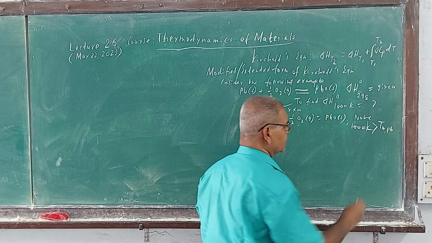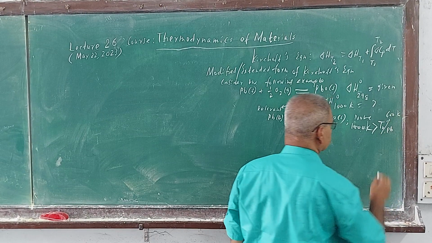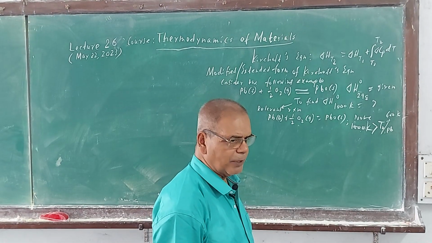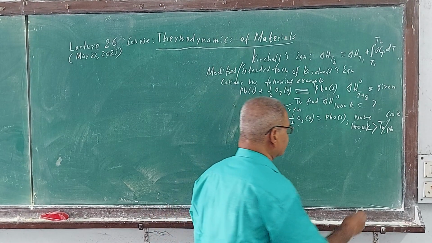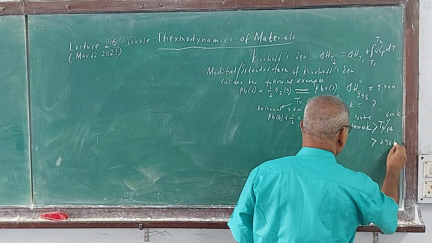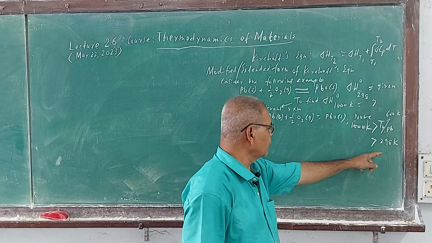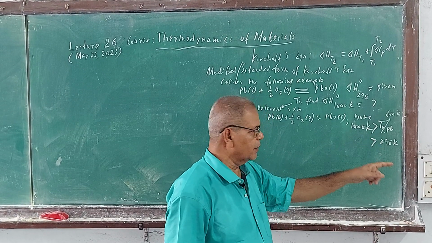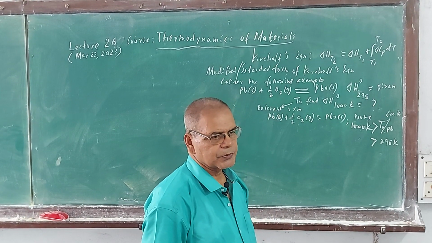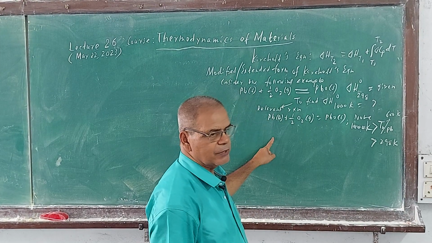What is that value? 600 Kelvin, 327 degrees centigrade is the melting point of lead, a low melting metal. That is in turn greater than 298 Kelvin. So what is the trouble? For moving from 298 to 1000 Kelvin, you have passed through a phase transformation, melting of the solid. It was solid, but it is liquid here.